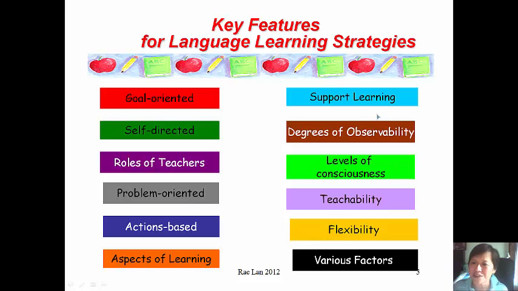Learning strategies also support learning, and they involve certain degrees of observability. They also involve different levels of consciousness. We also believe that learning strategies are teachable. They are flexible, and learners can use them appropriately for different language tasks. And finally, we talk about the fact that when we use learning strategies, there are many different factors involved.